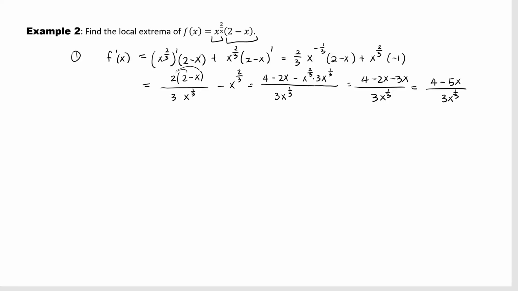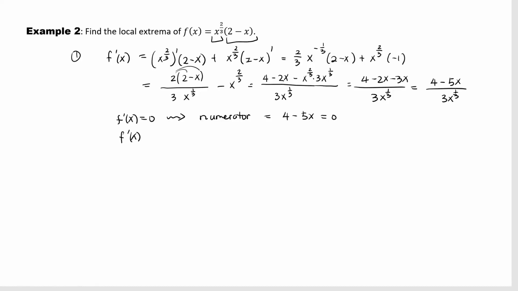Remember, in order to find critical points, if your f prime is a quotient, then by letting the numerator be 0, we get f prime is 0. Okay, so the numerator 4 minus 5x is 0.